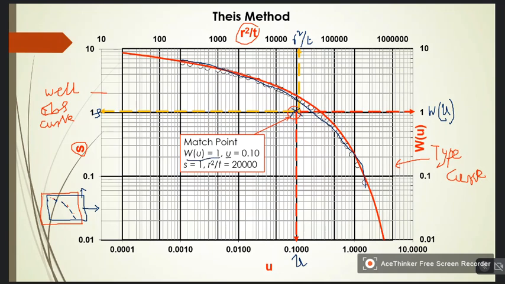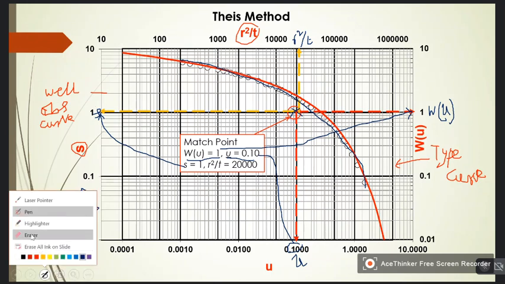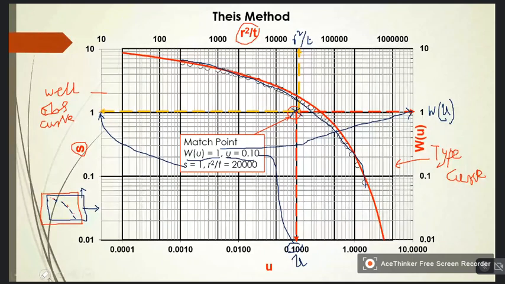W(U) is equal to 1 and U is equal to 0.1. Similarly, S is equal to 1 and R square by T is 2000.